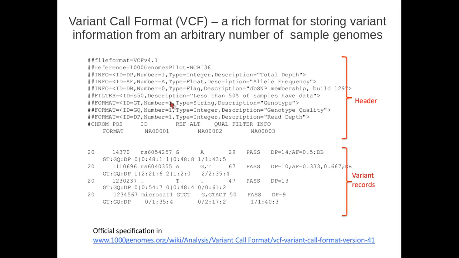Okay, so here these numbers tell you what type of information it is. I actually don't know what the 1 and the A mean here, but take my word for it.